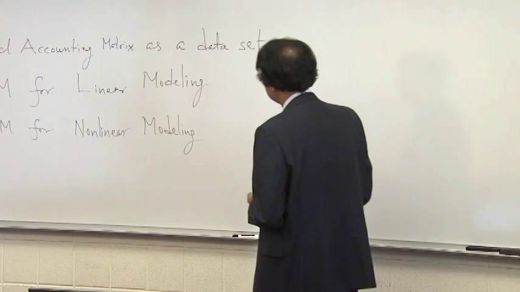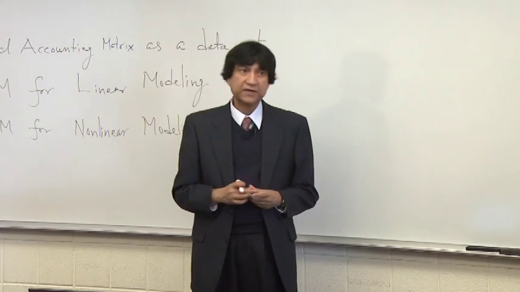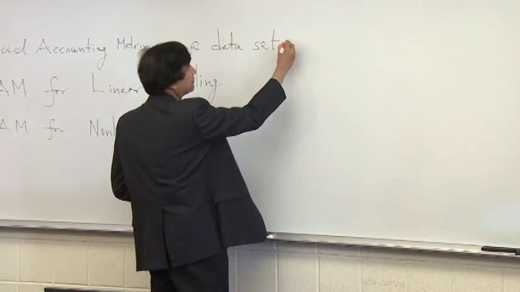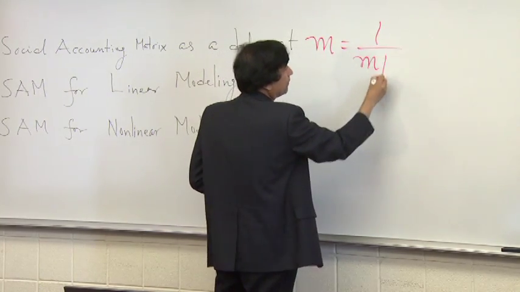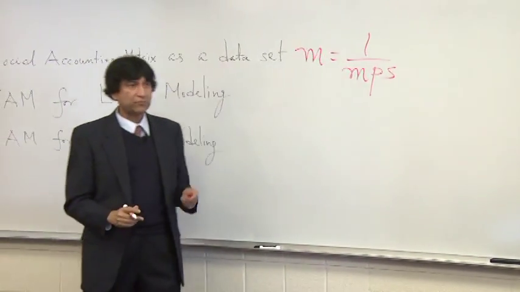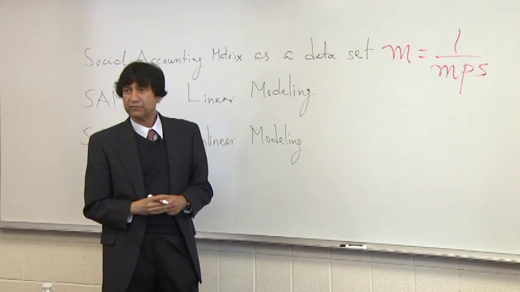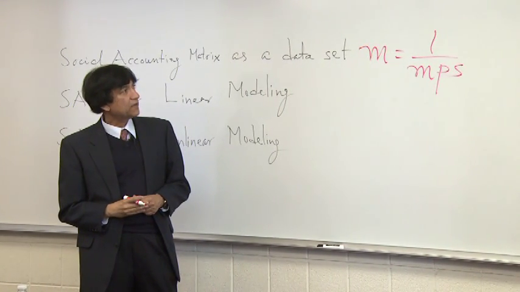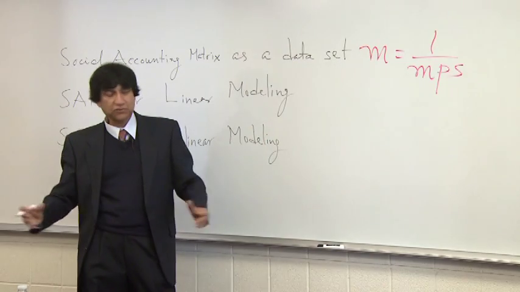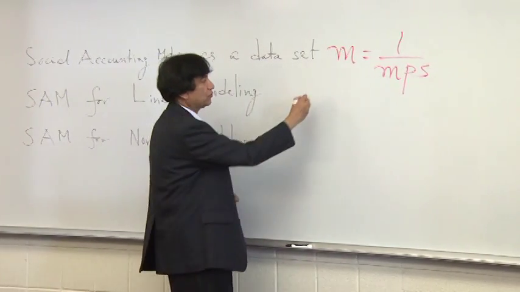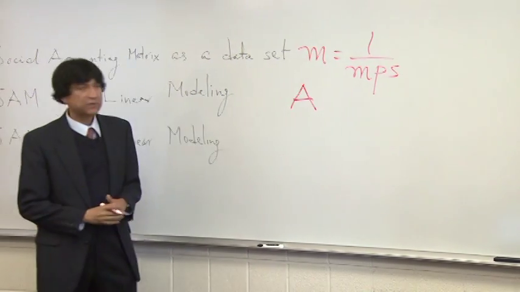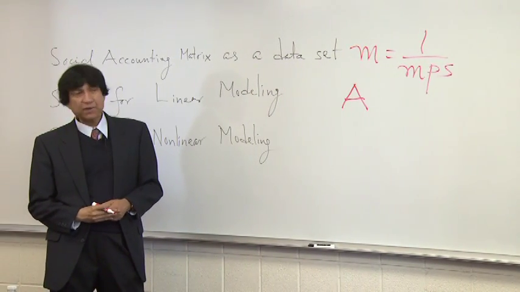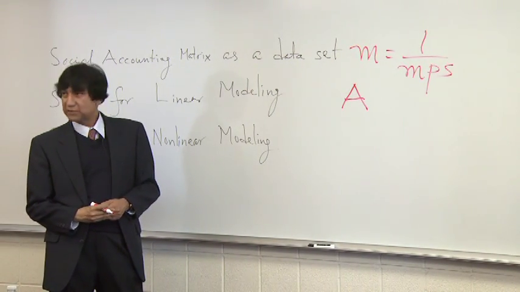And in the Keynesian model, we know that the multiplier equals 1 over the marginal propensity to save in a closed economy. In an open economy, it would be a little different, of course. In a matrix, which is huge, you have to introduce a symbol. The average propensity is A. And marginal propensity and average propensity are related.